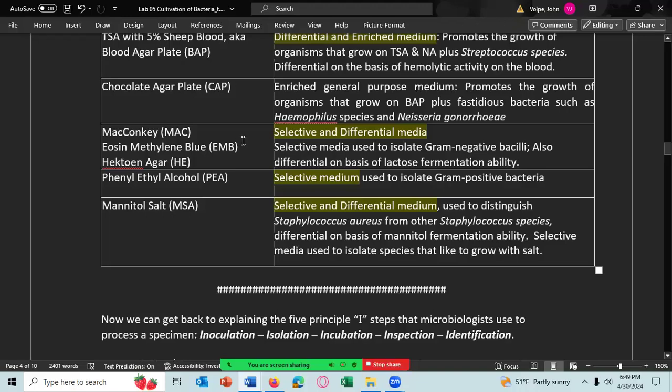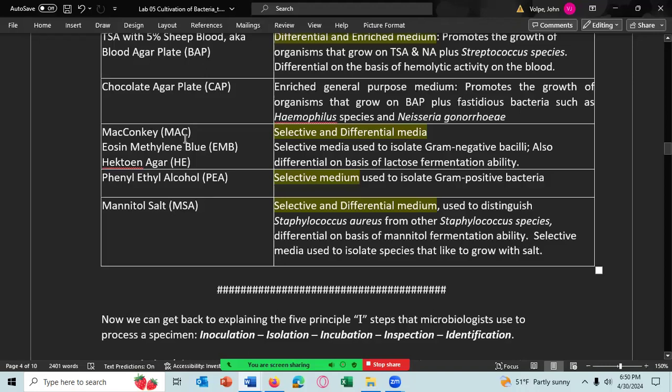So all three of them are selective for gram-negative cells, and all three of them are differential on the basis of lactose fermentation. They will be different colors on different plates if the bacteria can ferment lactose. And if the bacteria does not ferment the sugar lactose, the bacteria will have its normal color.